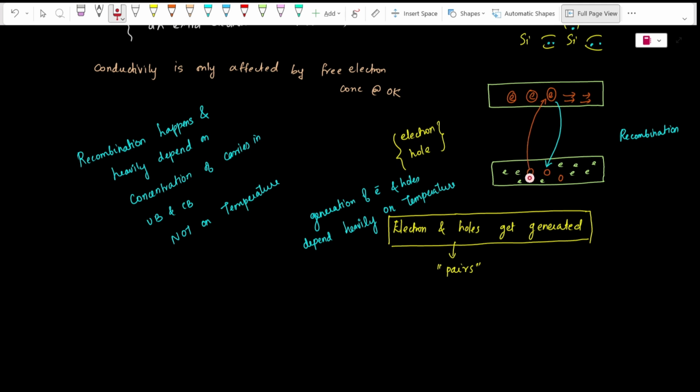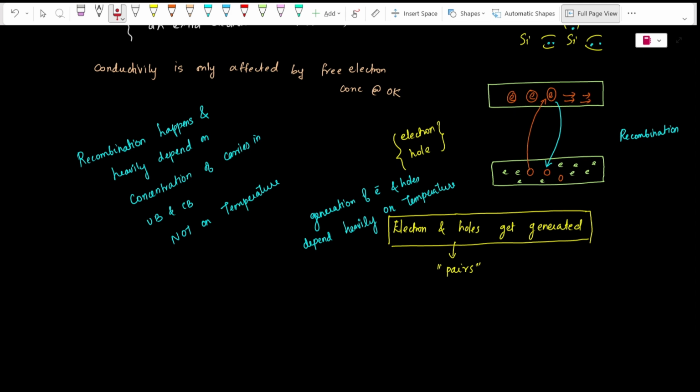As this process happens, the concentration of electrons here is decreasing because these electrons are getting excited, while the concentration of holes here is increasing. If I think of the same scenario the other way around, initially there are a huge number of holes in my conduction band, which means there are a lot of electron vacancies in the conduction band.